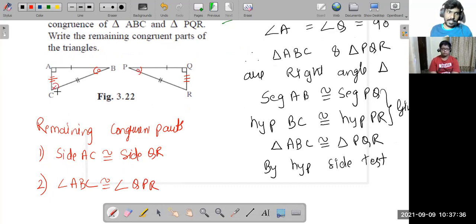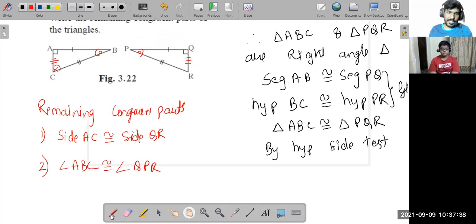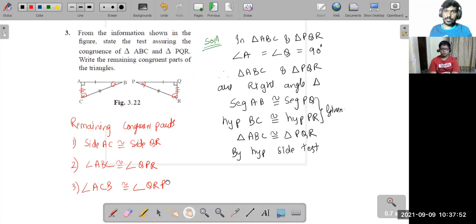Then angle ACB will be congruent to angle QRP. That's it, the remaining congruent parts.